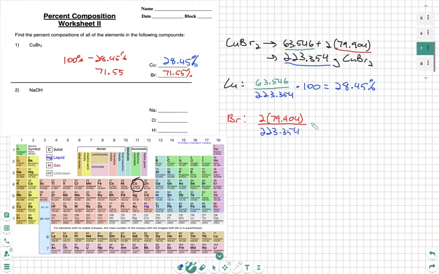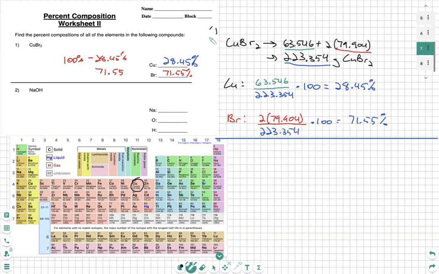We're going to multiply this by 100, and then you're going to see that's exactly what we get. 79.904 times 2 over 223.354, and multiply that by 100, and we get 71.55%. And as you can see, that is the same as that. So both of those will work, but only for the last one. Obviously, you can't do it if there's more than one remaining. So that was the example for number one.